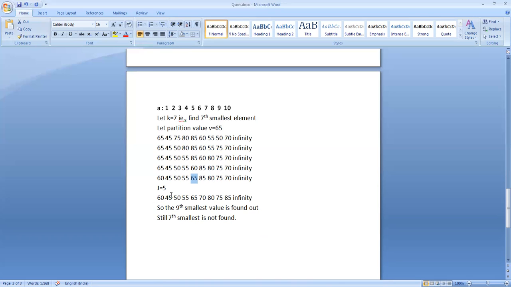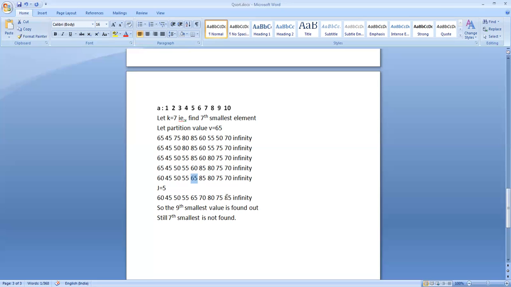So when you repeat this again, now when you consider these numbers, this 85 is your new partition value. Now, when you segregate those numbers that are less than 85 into one side and greater than 85 into the other side, there is no element that is bigger than 85. So 85 is placed here, and this is the ninth location.